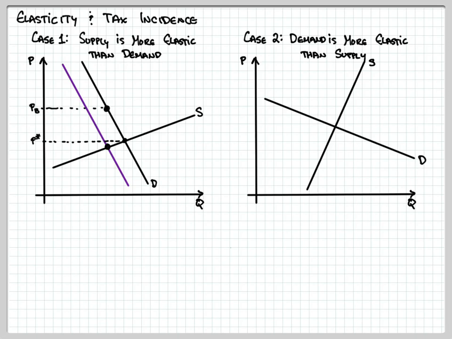And this is the price that sellers receive. And as you can see, the tax burden for the buyers is much bigger than the tax burden for sellers.